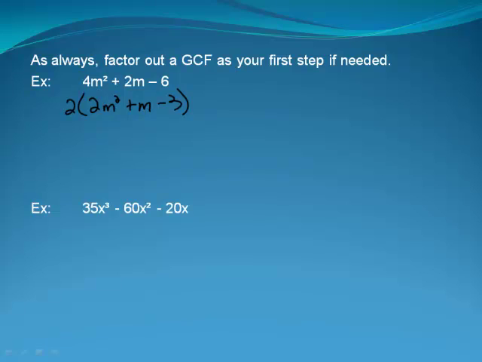Now at this point, as always, take what you're left with after your greatest common factor and see if you can factor it further. So I'm going to pull it out to the side and try to factor it further. 2m squared plus m minus 3. We're going to find our product a times c, which is positive 2 times negative 3. That gives me negative 6.